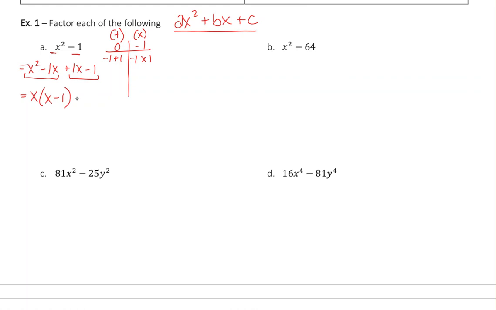Here, you can only factor out 1, and you're left with x minus 1, and your answer is x plus 1, x minus 1. Now, that is the longer process. However, there's a shortcut when you work with difference of squares. So I will go over that for these two problems, and I'm sure most of you use the shortcut.